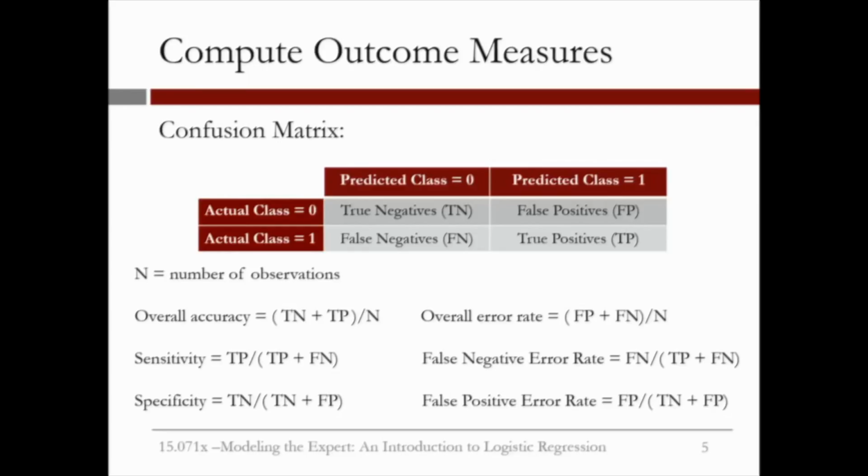So specificity is the number of times we predict the quality is good and it is indeed good, versus the total times we have good quality. And the false positive error rate is 1 minus the specificity.